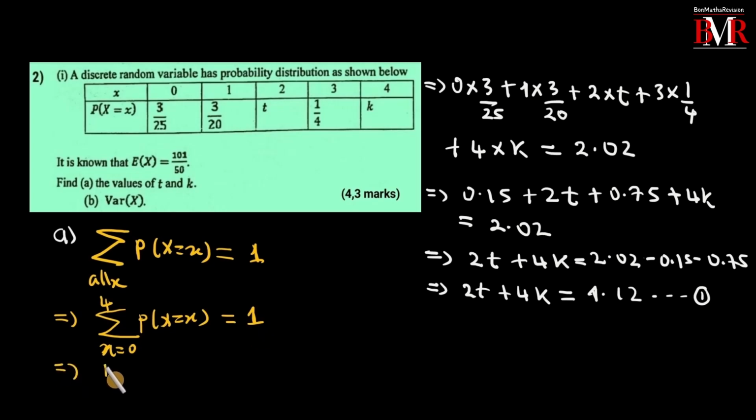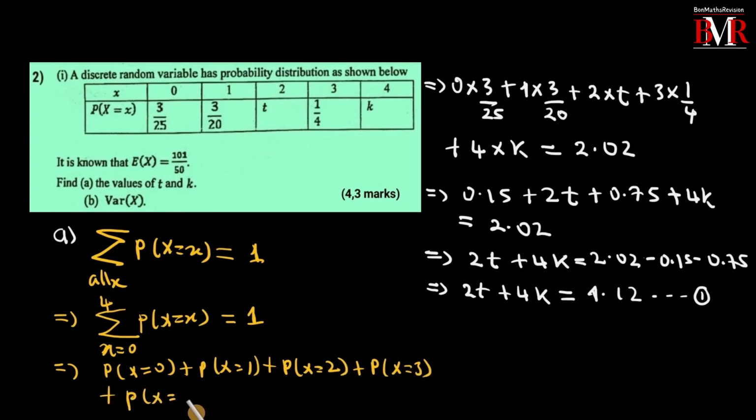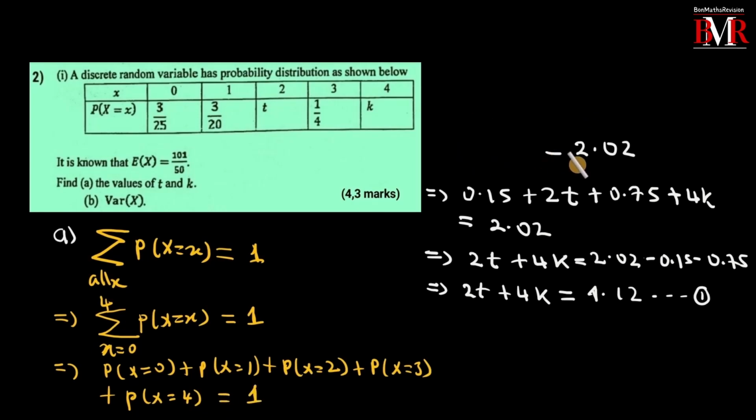That is, probability of X equals 0 plus probability of X equals 1 plus probability of X equals 2 plus probability of X equals 3 plus probability of X equals 4 must be equal to 1. But you know that the probability of X equals 0 from this table is 3 over 25.